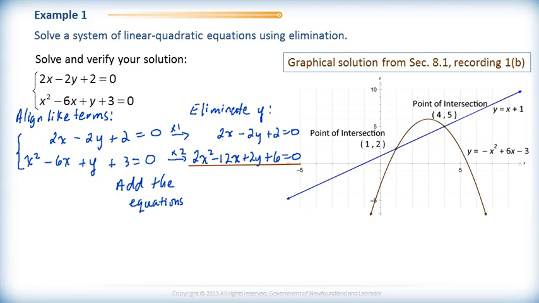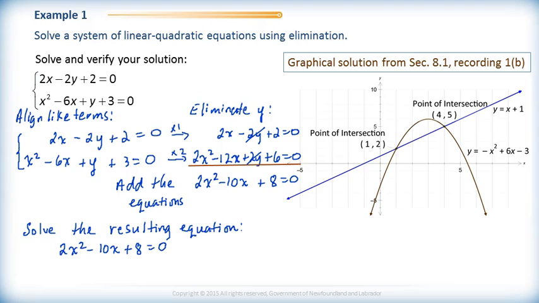Now our goal here is to eliminate a variable so that we're only left with one variable to worry about. In this case, the negative 2y and the 2y will eliminate when I add these equations. So I've got 2x squared, 2x minus 12x is negative 10x, and 2 plus 6 is 8 equals 0.